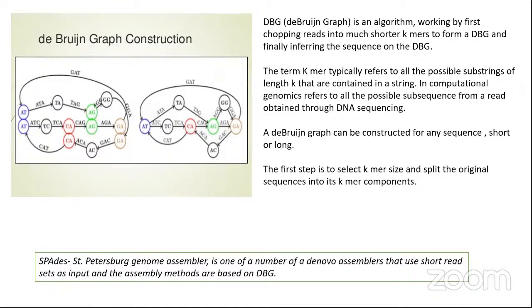The De Bruijn graph can be constructed from longer or shorter reads. The first step is to select the kmer size and split the original sequences into their kmer components. Available genome assemblers based on De Bruijn graph reconstruction are SPAdes and MetaSPAdes.